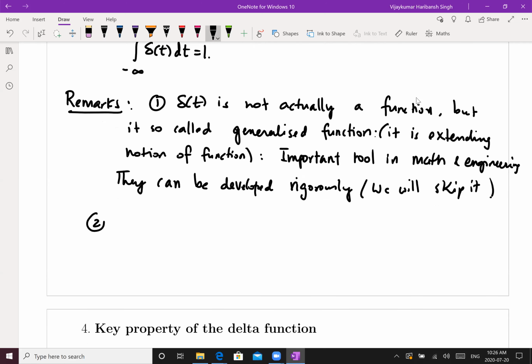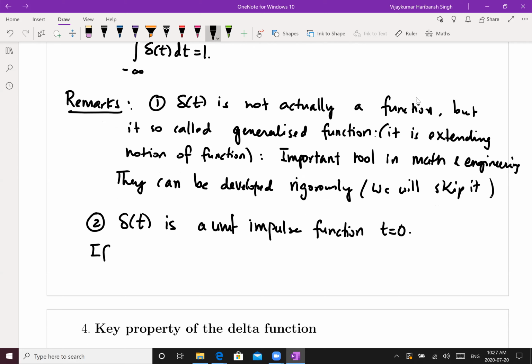So, let's go back to delta t, which is a unit impulse function. So delta t, the unit impulse function, at t equals 0.